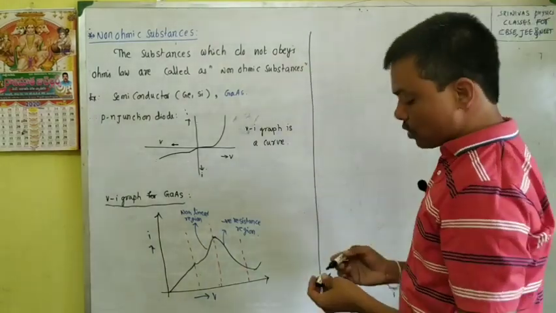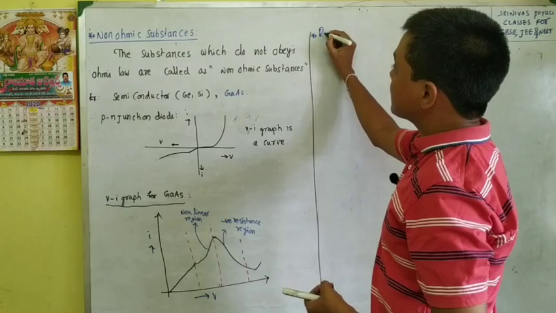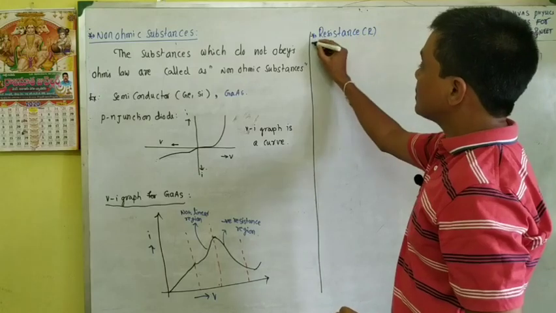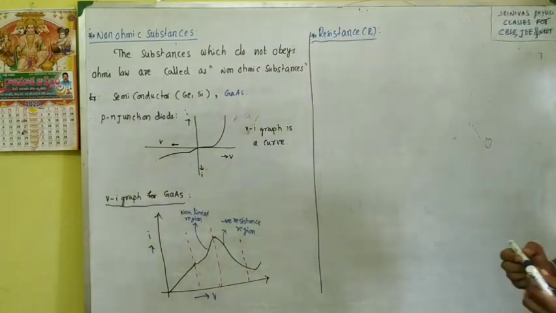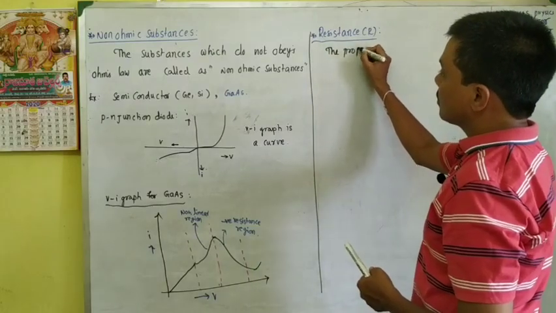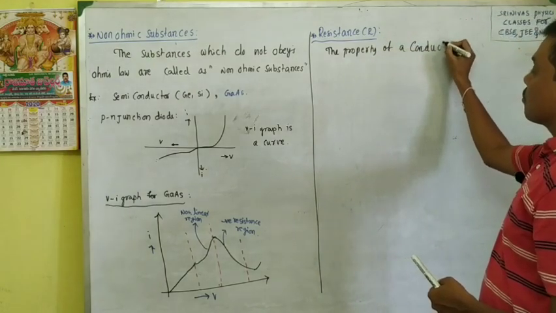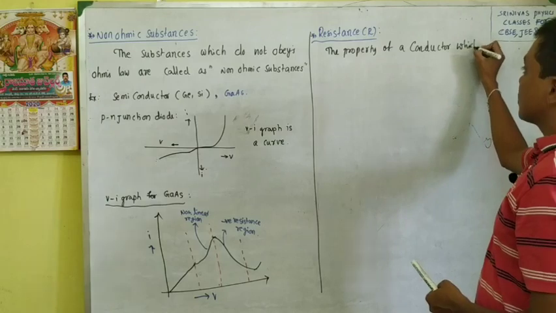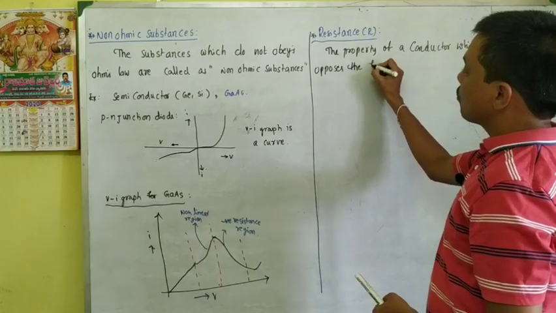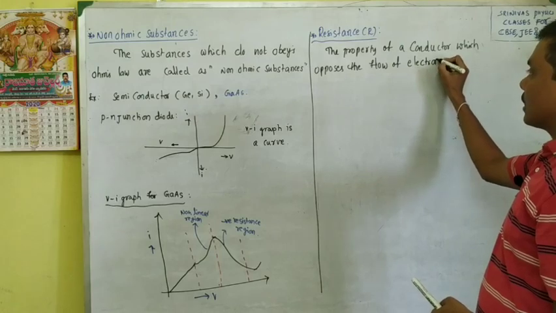What is resistance? Can you tell what is resistance? On what factors does the resistance depend? Resistance is denoted with the capital R. The property of a conductor which opposes the flow of electrons or the flow of current.